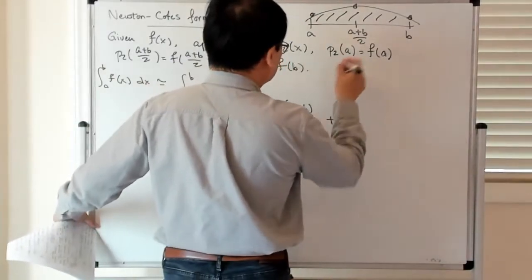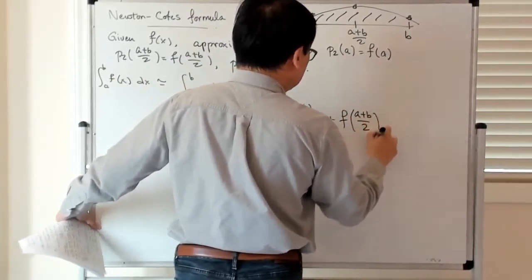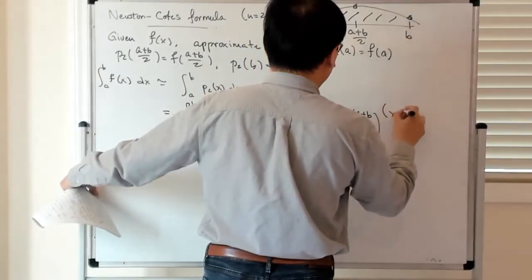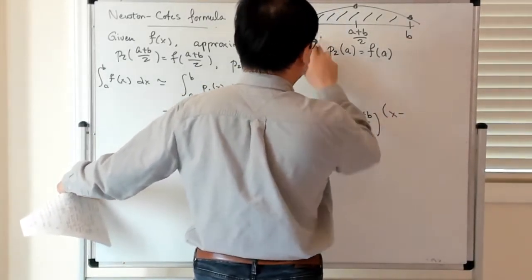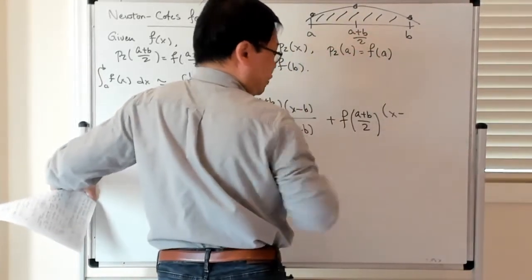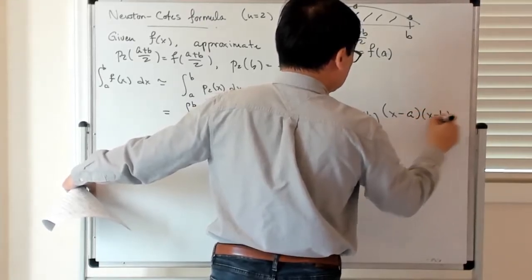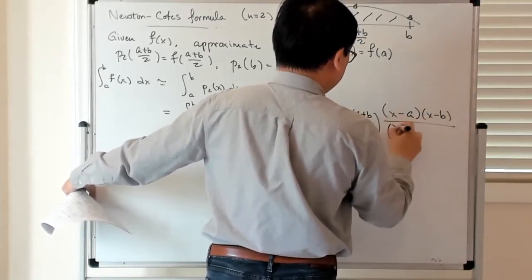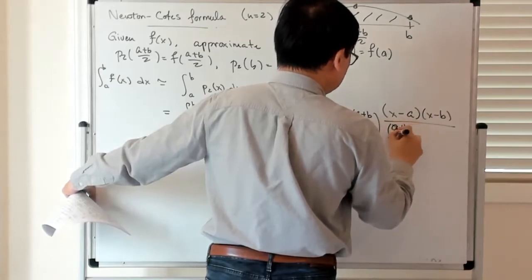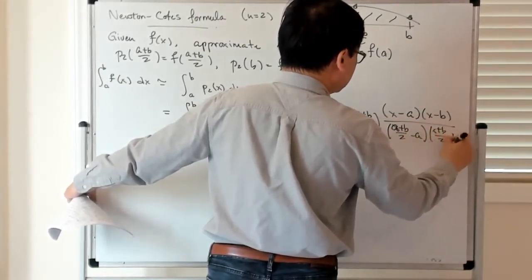I can keep doing this for the f at a plus b over 2 term. Now this term has to vanish at a and b and evaluate to 1 at the midpoint a plus b over 2. So you have x minus a, x minus b, divided by a plus b over 2 minus a, times a plus b over 2 minus b.